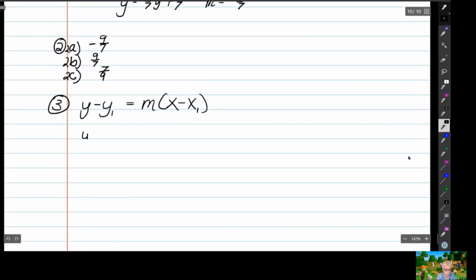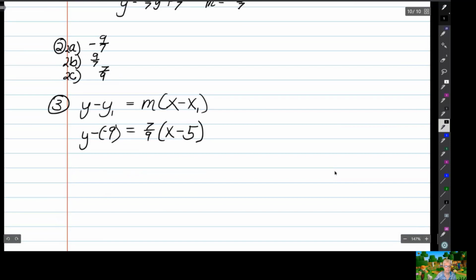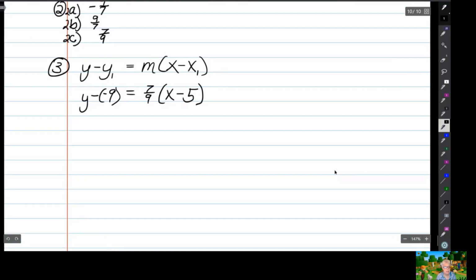So this is going to be y minus negative 9 equals 7/9 times x minus 5. So let's make sure that's correct. Yes, it is. Okay. Now, y minus negative 9 is going to be y plus 9 equals, I'm going to distribute.